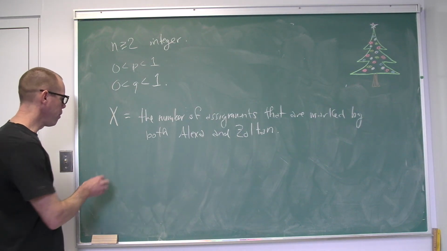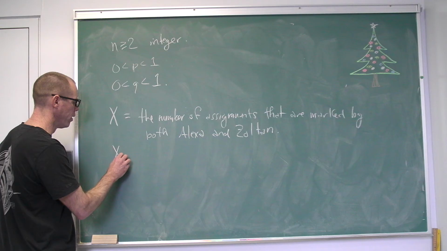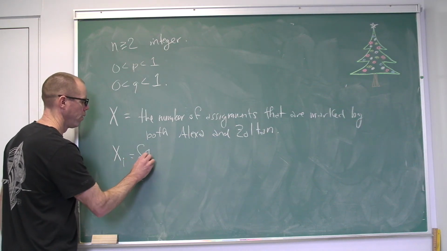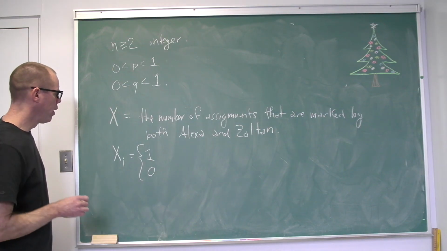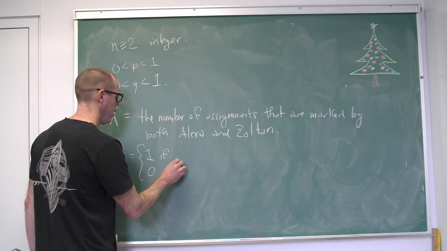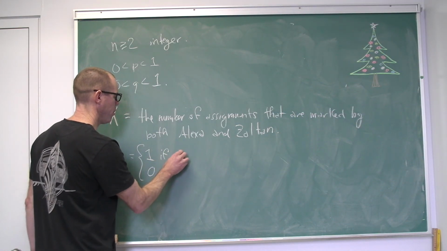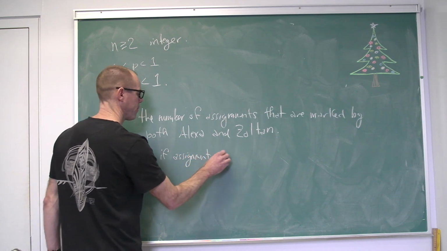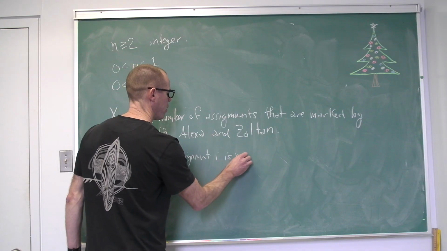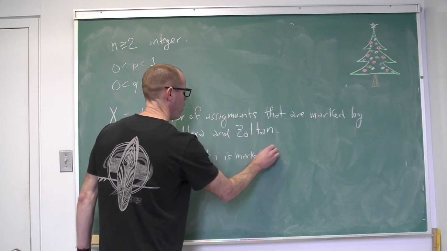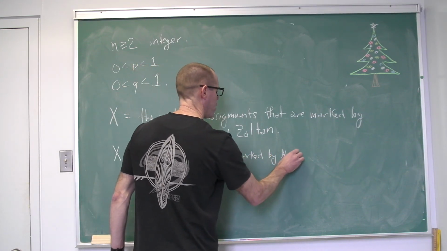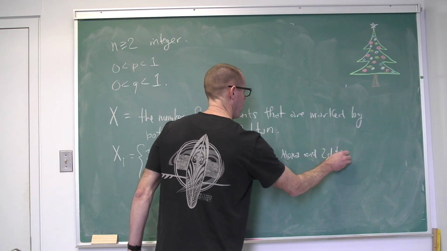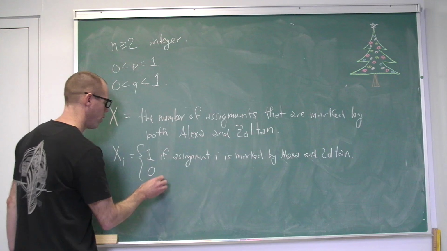So then it makes sense to define this random variable xi, which is 1 or 0, and it's 1 if assignment i is marked by Alexa and Zoltan, and it's 0 otherwise.